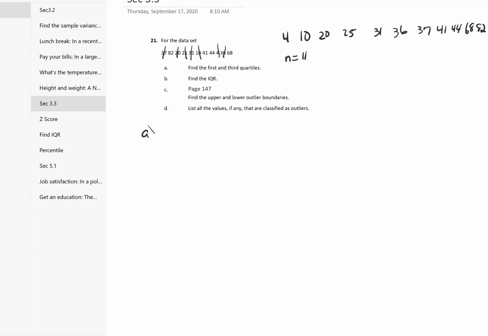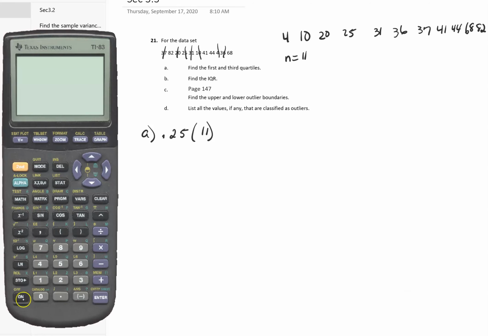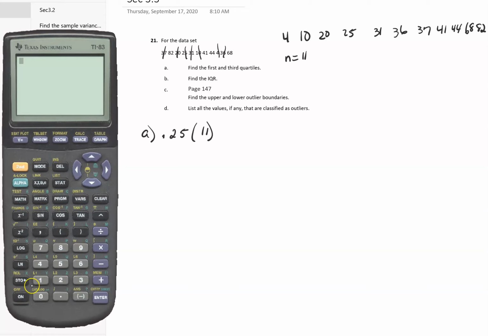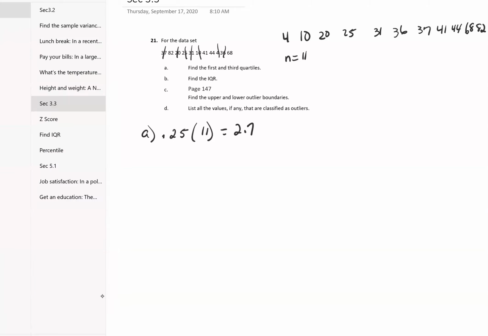So for the first one, I'm going to do 0.25 times n, which is 11. So I do on my calculator 0.25 times 11, and I get 2.75.